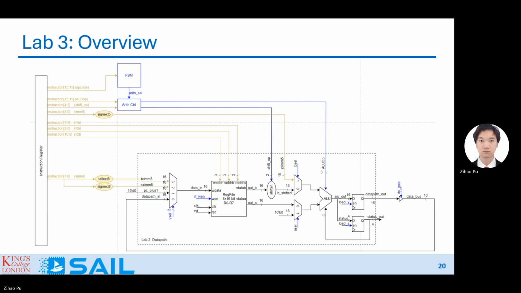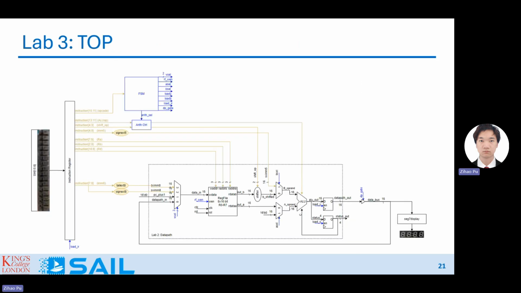So this is a top file that I provide you. Basically, this top file will connect to the switch as the input, so you can implement your instructions with the switch. And for the output, you have the 7-segment display to display what is on the data path. All right, so that's everything for lab 3.